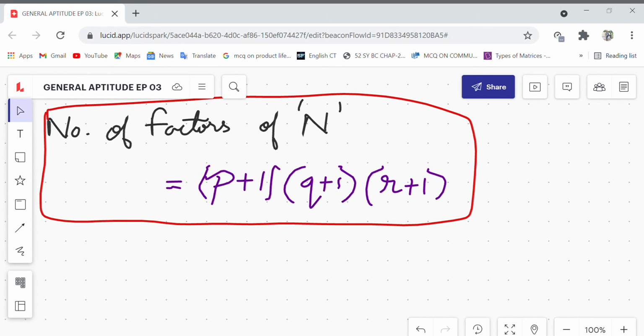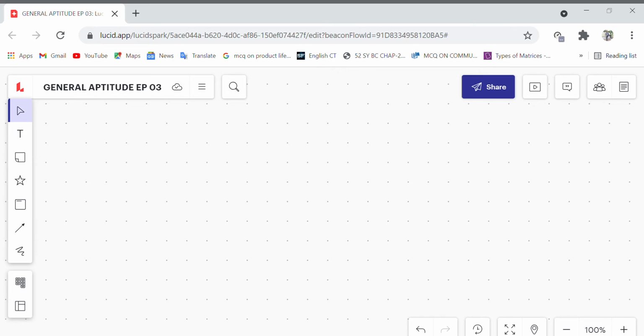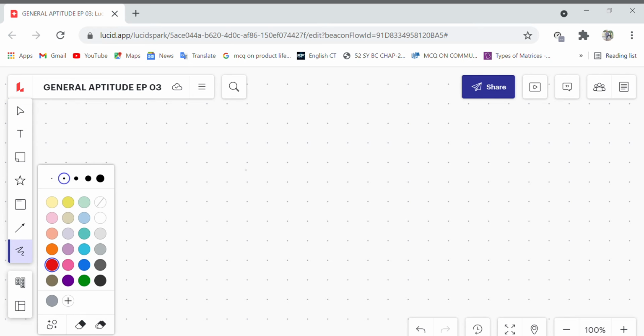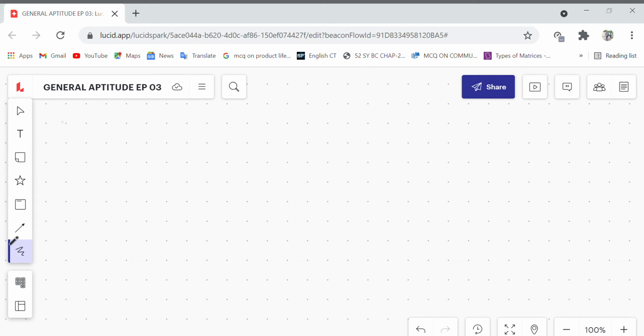So now let's move on to the next formula. That is the product of two factors.